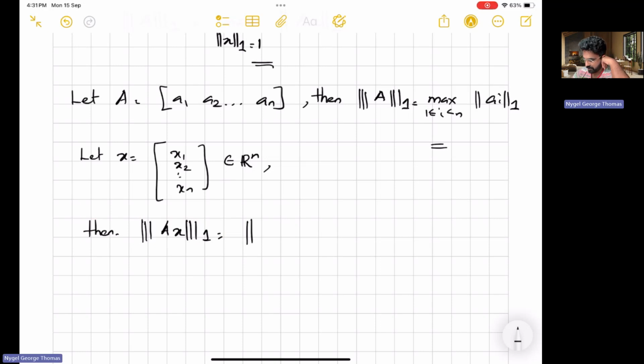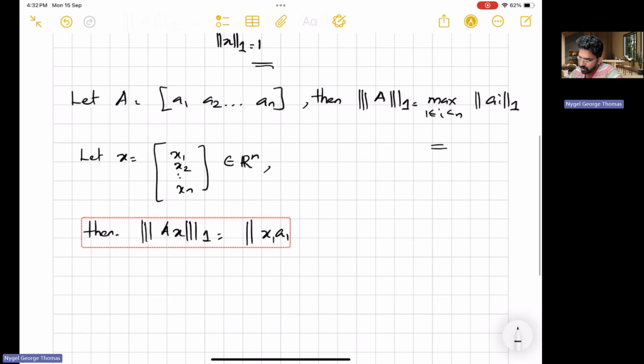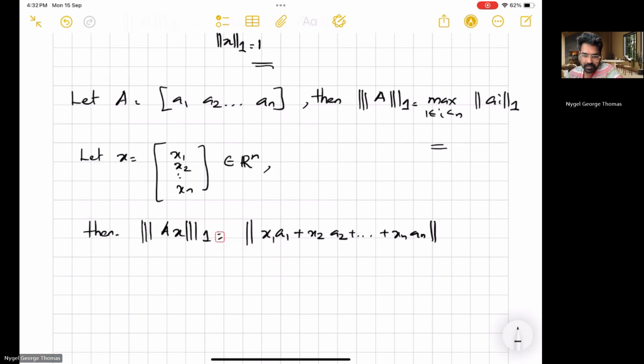Let's look at this definition. A is our column vectors stacked together. So this is a linear combination of these vectors, right? This is basic matrix multiplication, right multiplication of a matrix by a vector. This is x1 a1 plus x2 a2, etc., plus xn an, right?